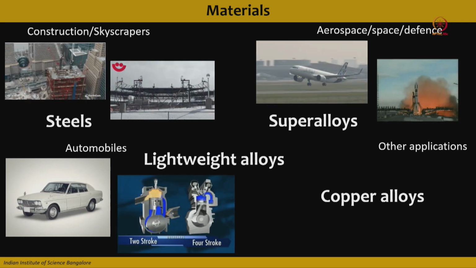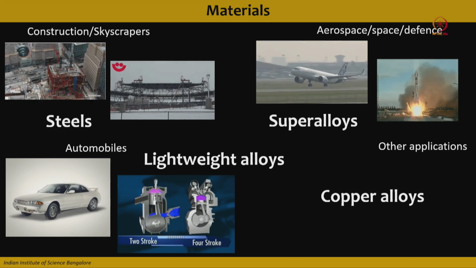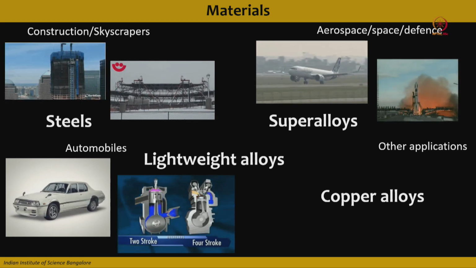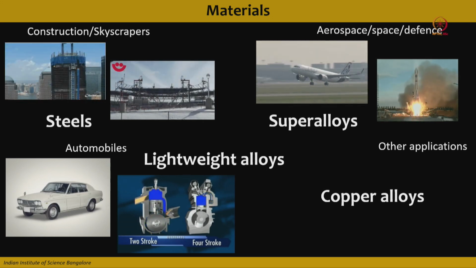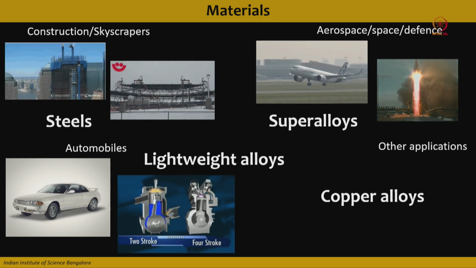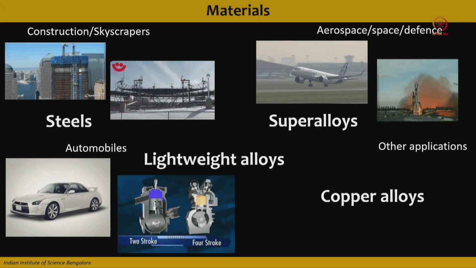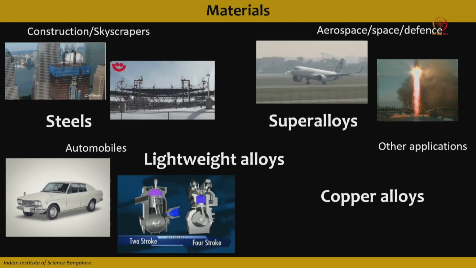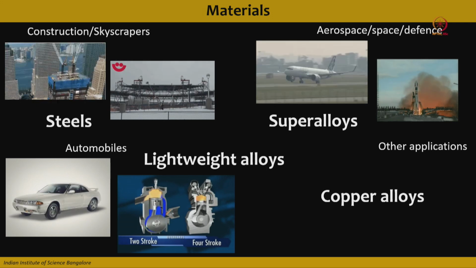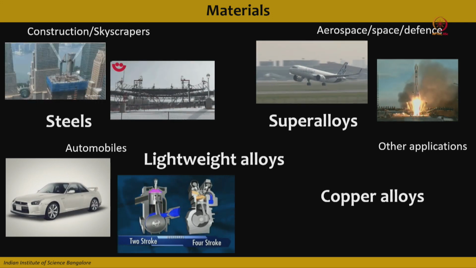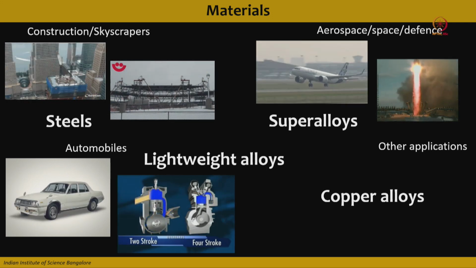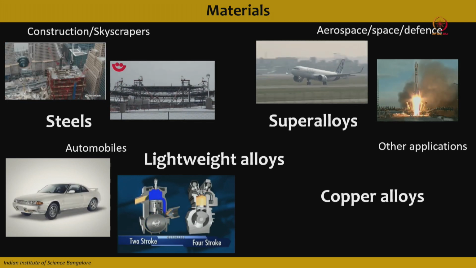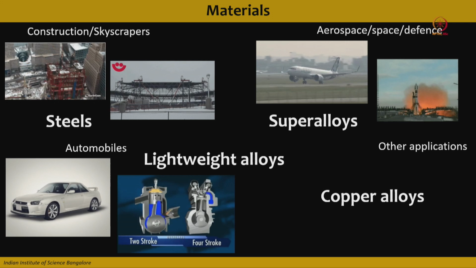In automobiles we use lightweight alloys, usually magnesium and aluminum based alloys, typically for powertrain applications and engine parts, especially the piston and the chamber. The main thing is to lower the weight without any compromise on the strength, to sustain the loads during operation of the vehicles.